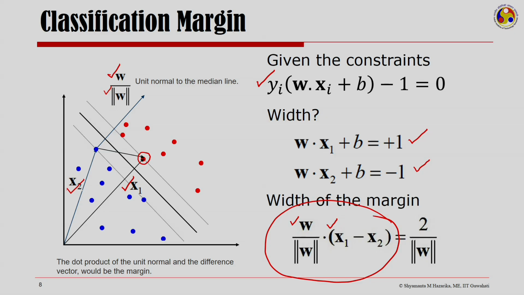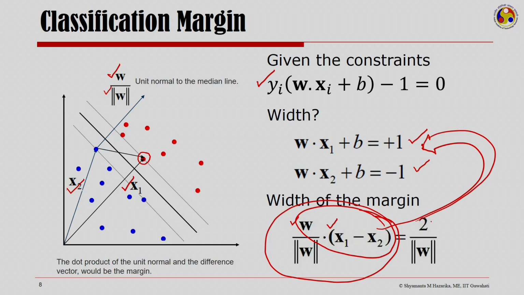Now, if you look at it more closely, this difference, w dot x1 minus x2, if you go back and look at the difference between the two vectors x1 minus x2, the b's go out and I will have 2 here.